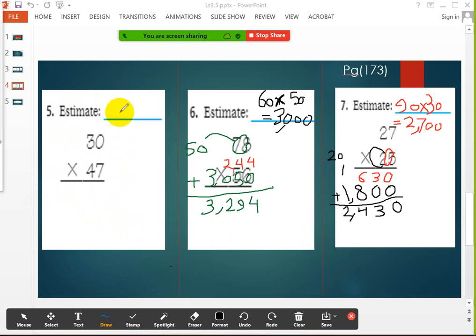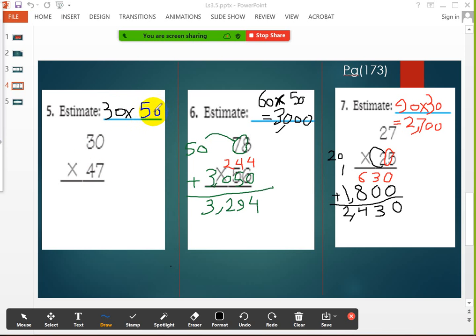Now if you want to round 30 to the nearest 10, it will be also 30 because I have before the tens 0, 0 less than 5. That means I will keep the same number in the tens and the other digits will be 0. Now 47, if I want to round it into the nearest tens also, so before the tens I have 7. 7 greater than 5, that means I will add 1 to the tens, so it will be 50.